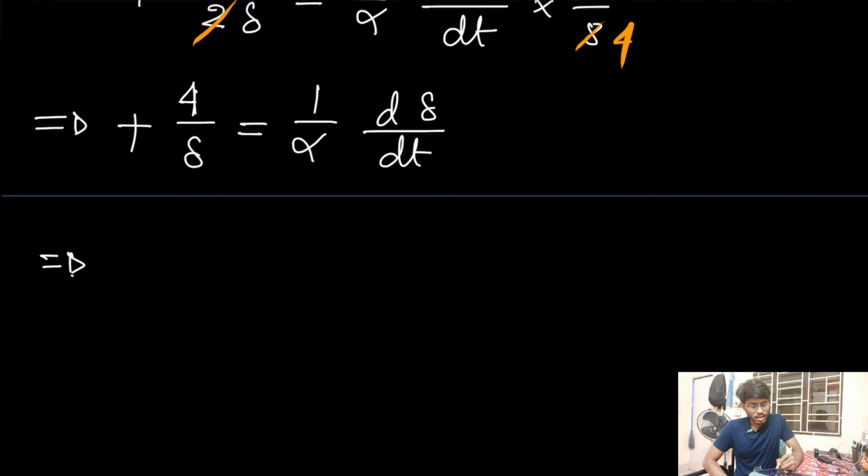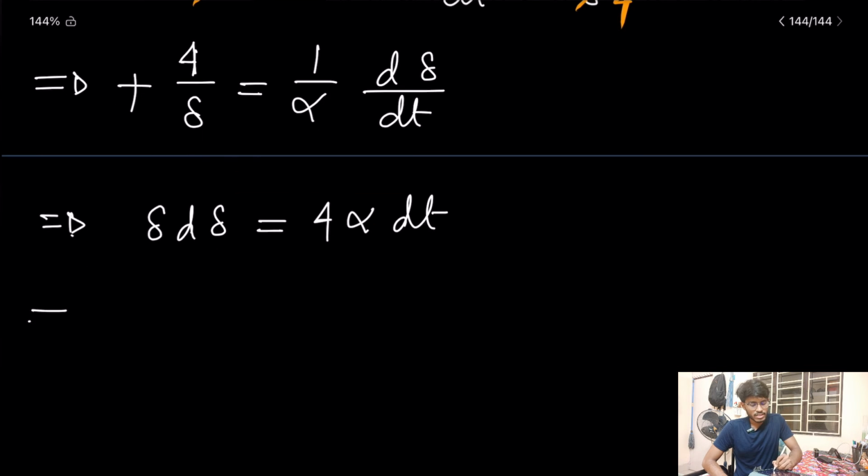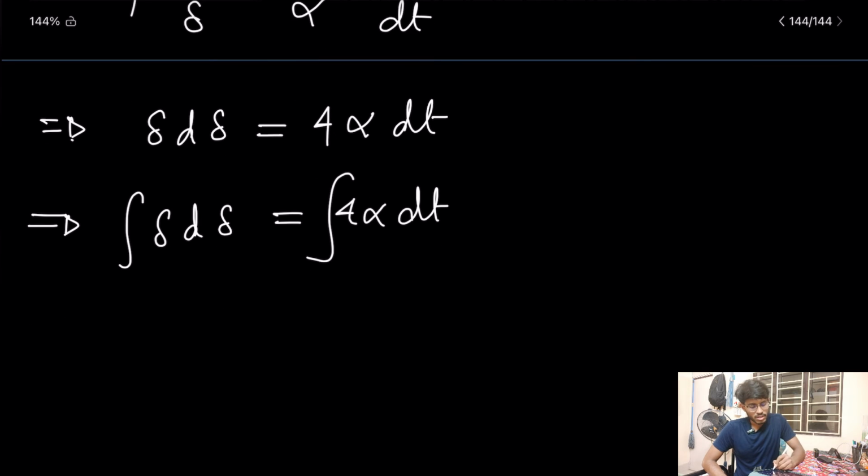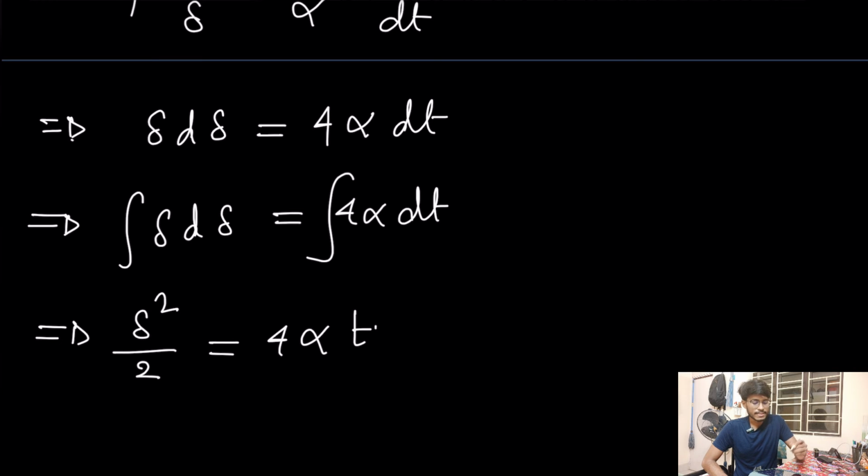So let me write it, delta d delta is equal to 4 alpha dt, then I can integrate it, this one is equal to integral 4 alpha dt, okay. Now that means this will be delta square by 2 is equal to 4 alpha t plus c.